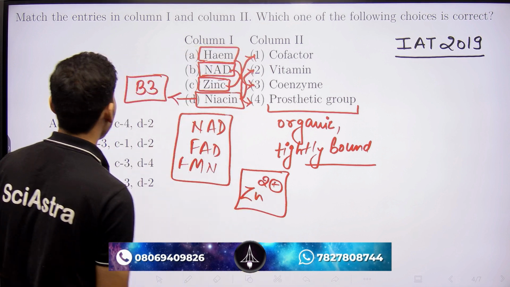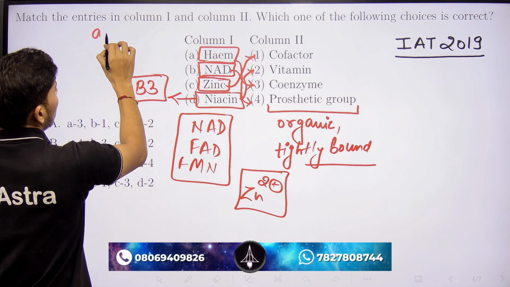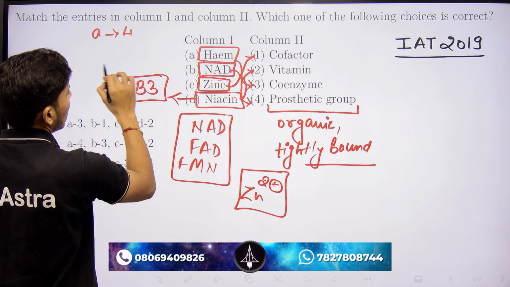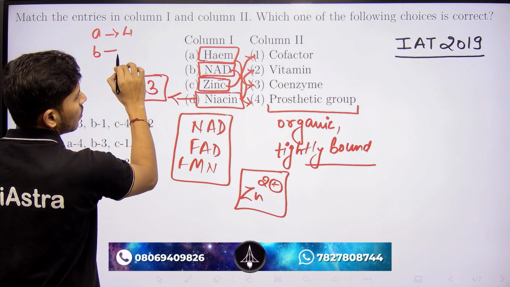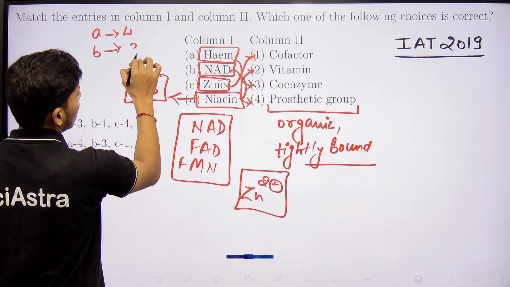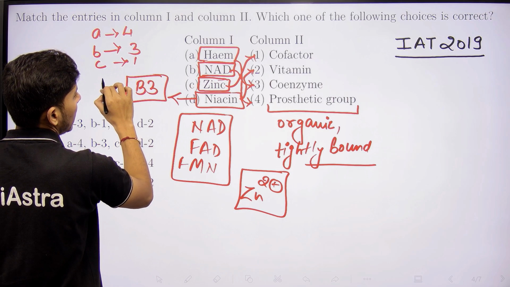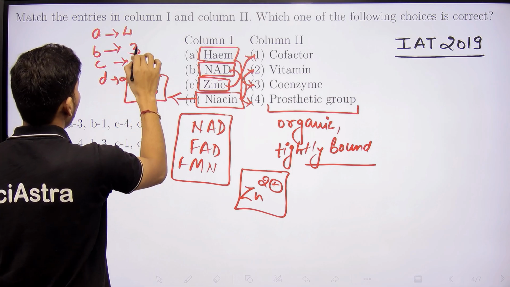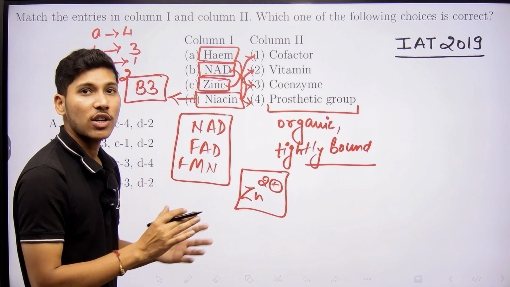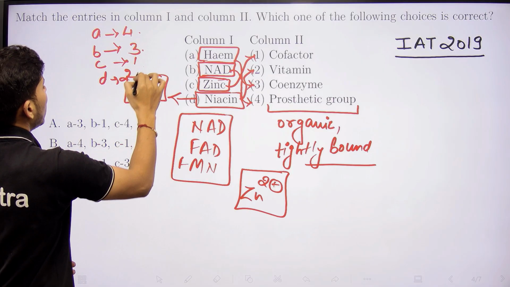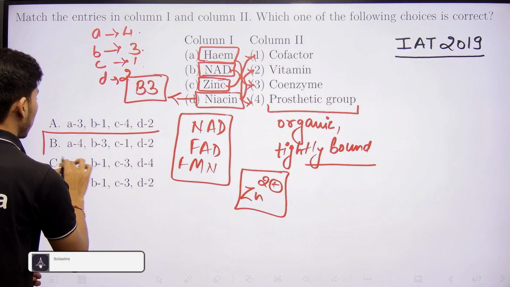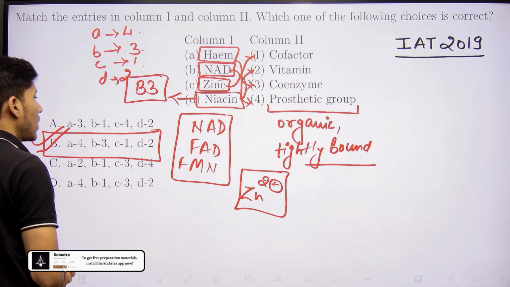Hence, the correct option should be A to 4, B to 3, C to 1, and D to 2. So the correct option should be 4, 3, 1, 2, which is option B. Okay. So this was the question.